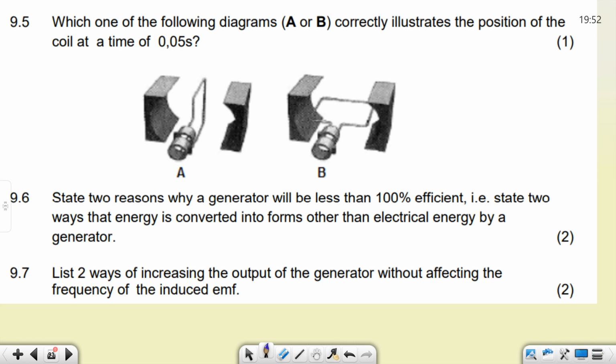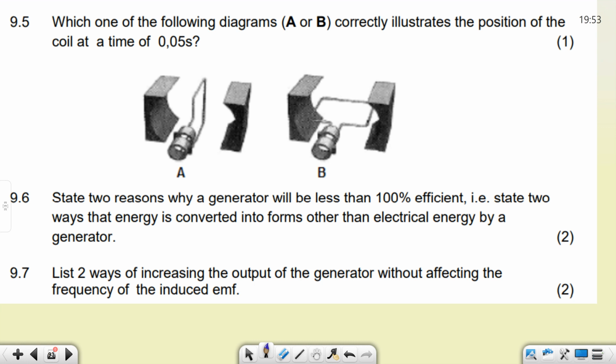We change from split ring commutators, and change them into what? Slip rings. Done.